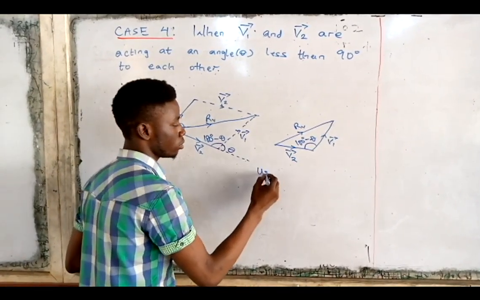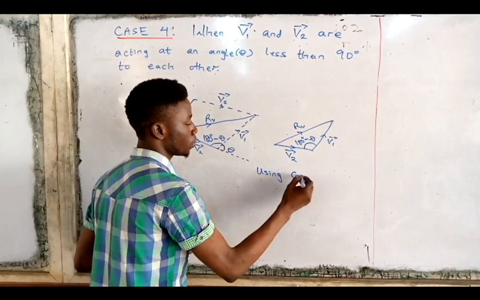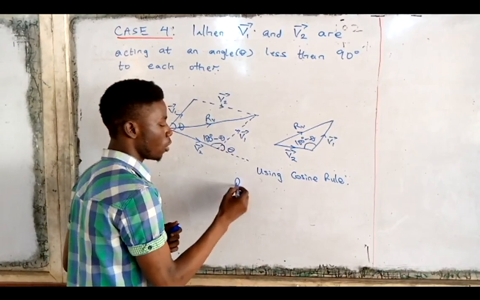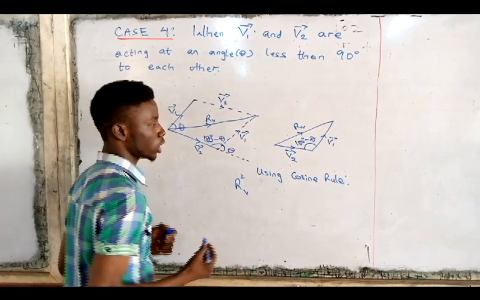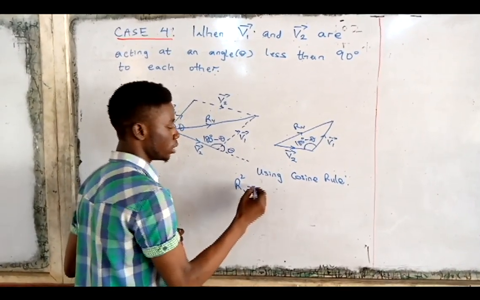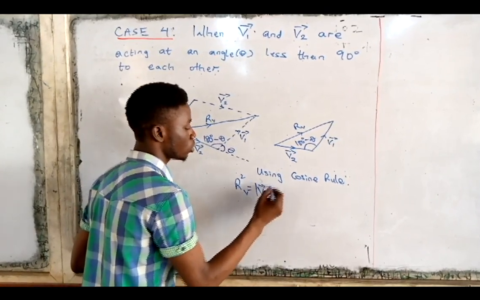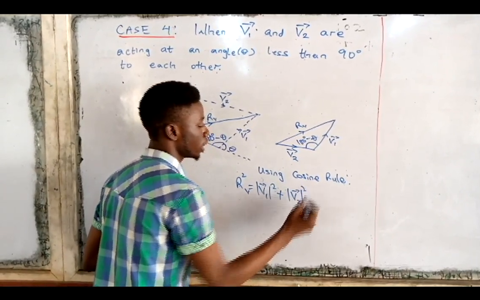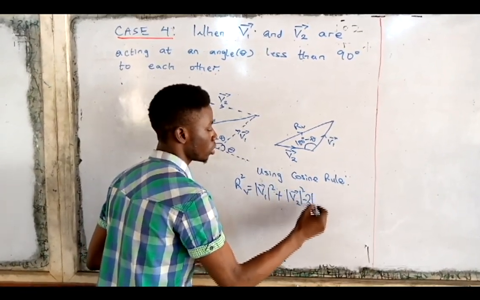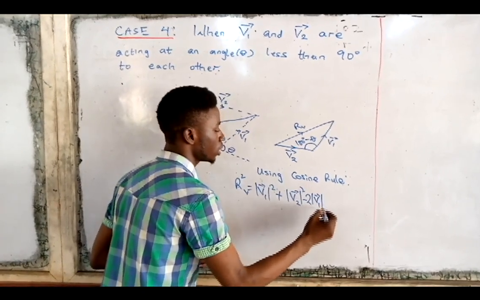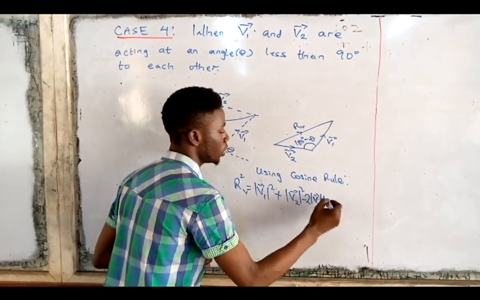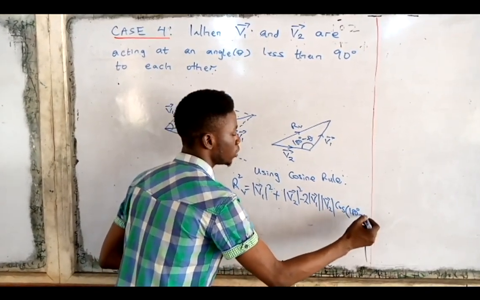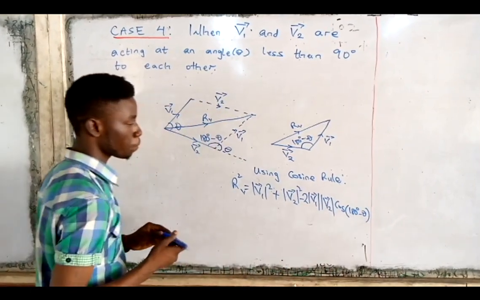Using the cosine rule, the square of our resultant vector will be the magnitude of V1 squared plus the magnitude of V2 squared minus 2 multiplied by the magnitude of V1 multiplied by the magnitude of V2, then multiplied by the cos of 180 degrees minus theta.